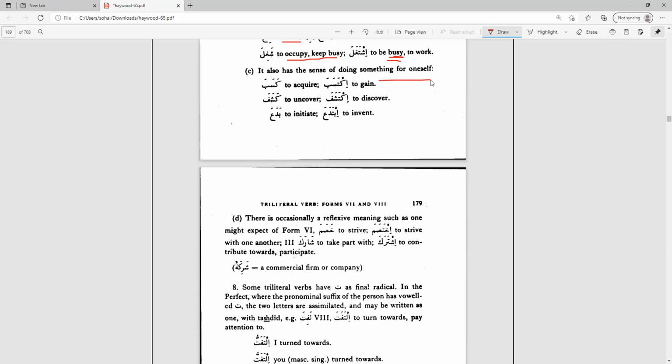Kashafa means to uncover, iktashafa means to discover. Okay, so you're doing it yourself. Bada'a means to initiate, ibtada'a means to invent.